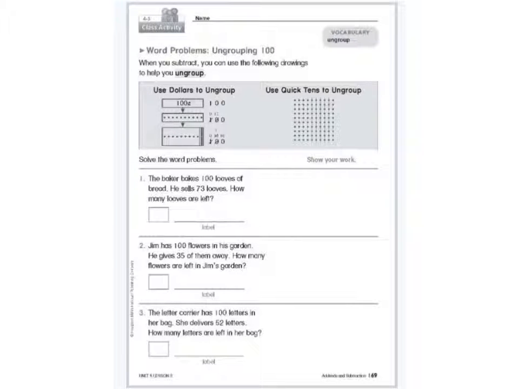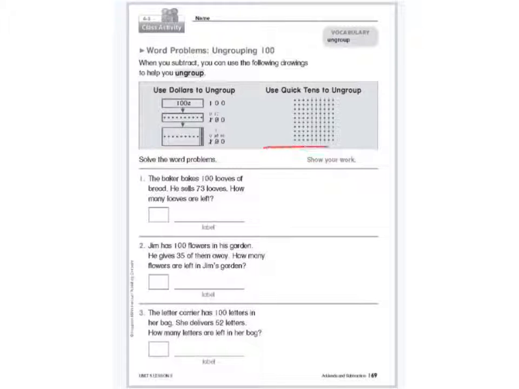Okay, on the next part of the video, we're going to work on our SAB pages. So I want you to turn to page 169 in your SAB. And we're going to use this strategy of our sticks and our circles to try and solve some subtraction problems. So up at the top of the page, you see 2 drawings that they've shown you.